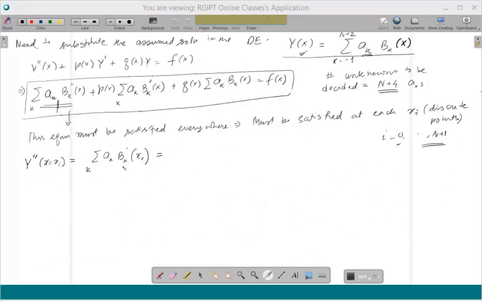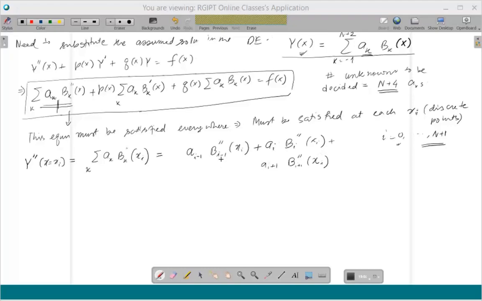So if I'm looking at xi, then all I need to look at is the i minus 1 term and the i plus 1 term. When I choose k equal to i minus 1, I'll have a i minus 1, b i minus 1 double prime at xi, plus a i, b i double prime at xi, plus a i plus 1, b i plus 1 double prime at xi.